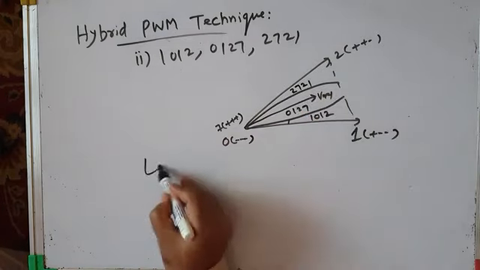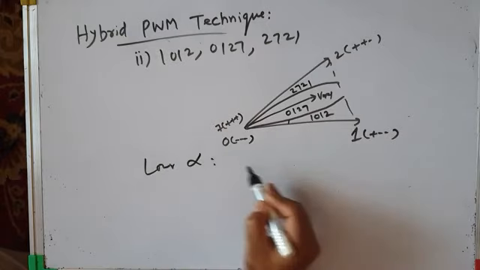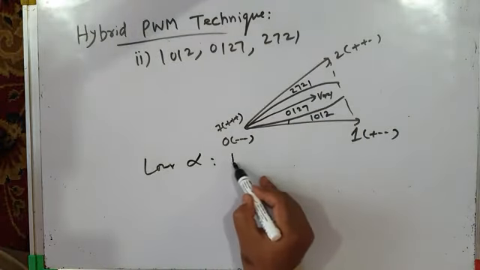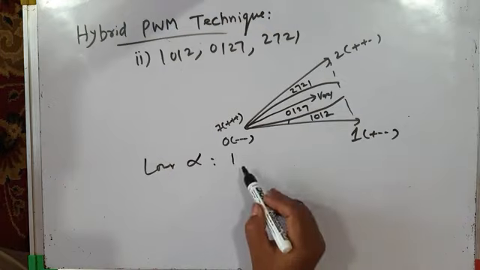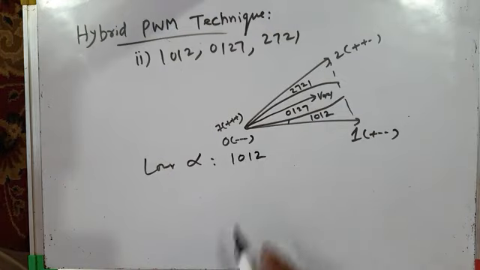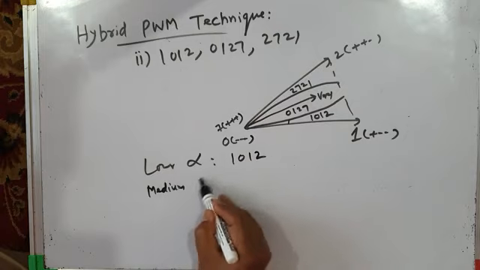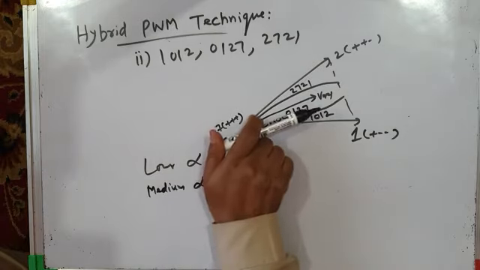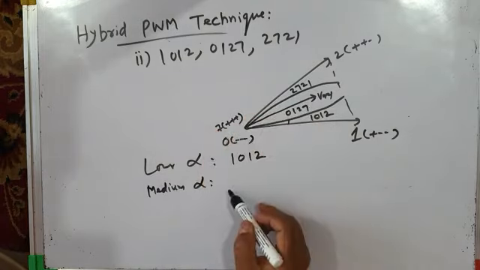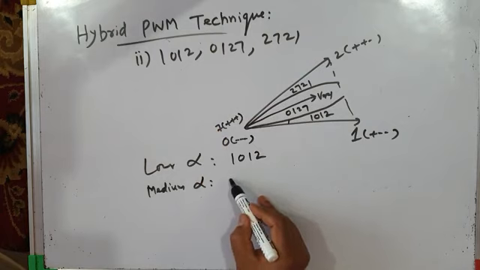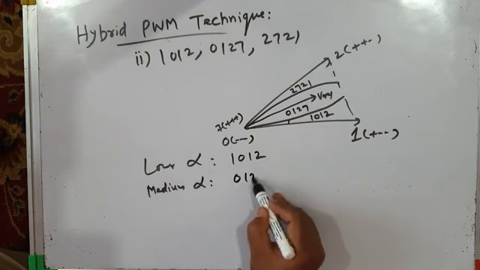So for lower alpha, we use the advanced bus clamping switching sequence, and hence advanced bus clamping PWM, 1012. For medium values of alpha, when our reference vector is going through this region, we use conventional space vector PWM with the switching sequence 0127.